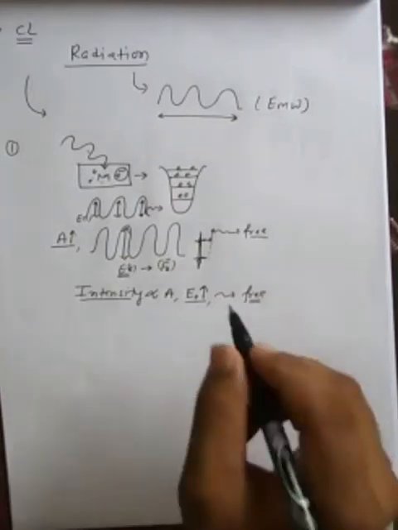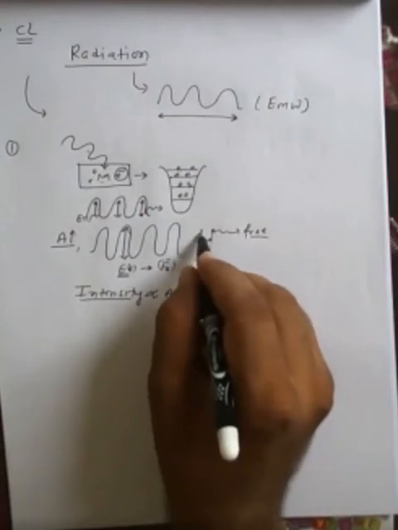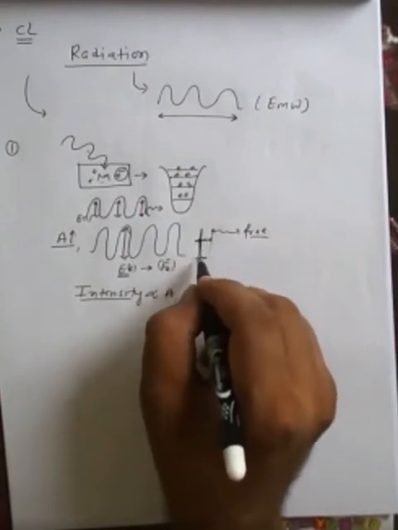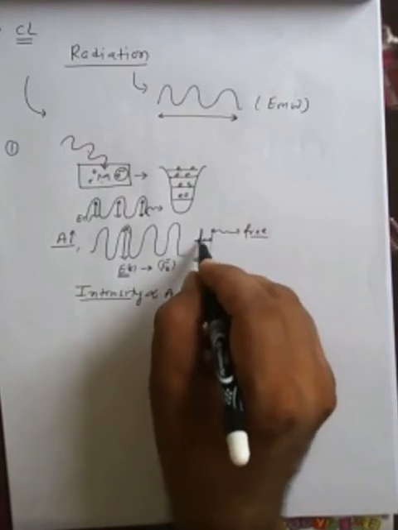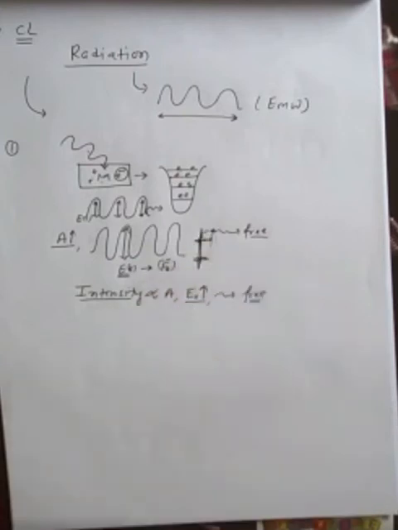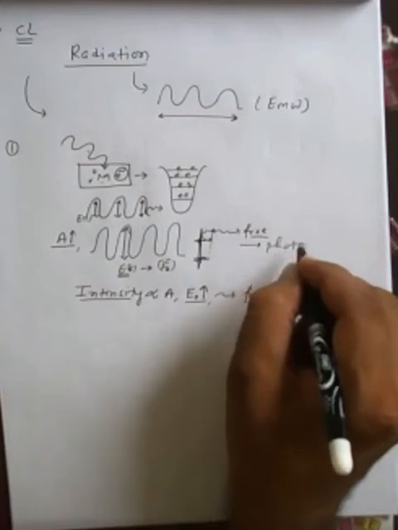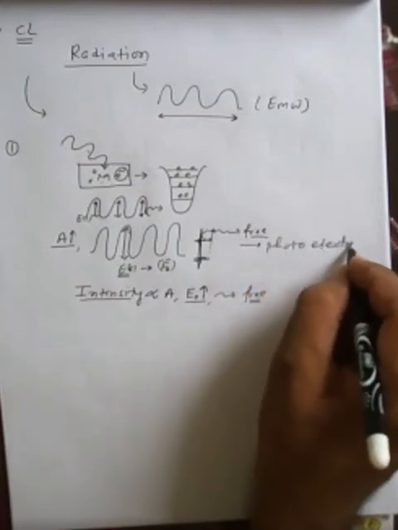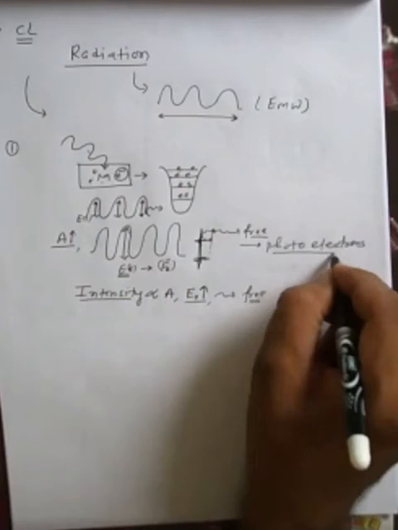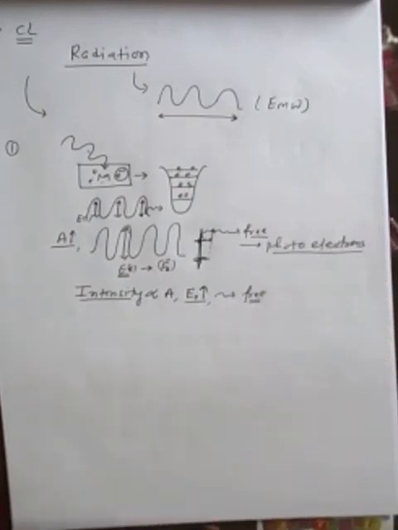If the amplitude of the oscillations increases and crosses the limit, then the electrons can be free. These free electrons will be the photoelectrons, and they will take part in the photoelectric current.